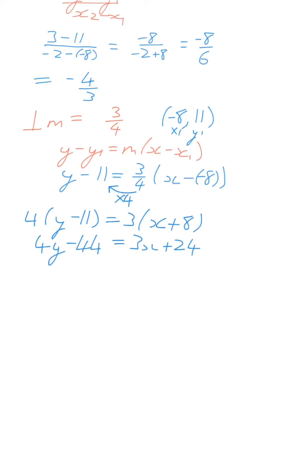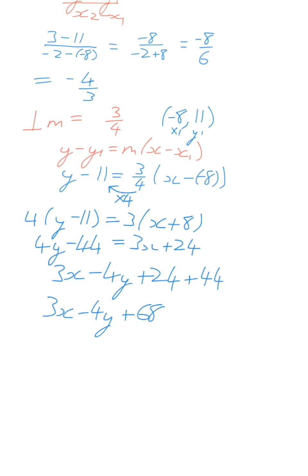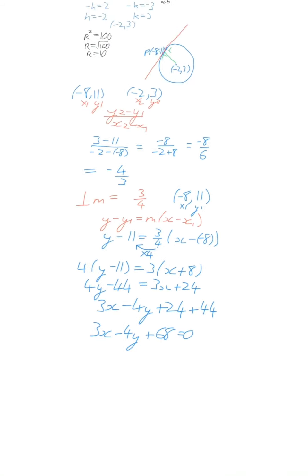Now you want to give your final answer with x always being positive. So that means I'm going to bring everything over to the right. So I'll have 3x, 4y goes across, it'll be minus 4y, still have plus 24, minus 44 goes across to make it plus 44. So let's simplify this now. So we'll have 3x minus 4y plus 68 equal to 0. And that then is the equation of the tangent.